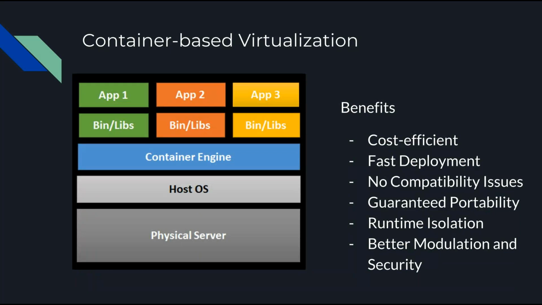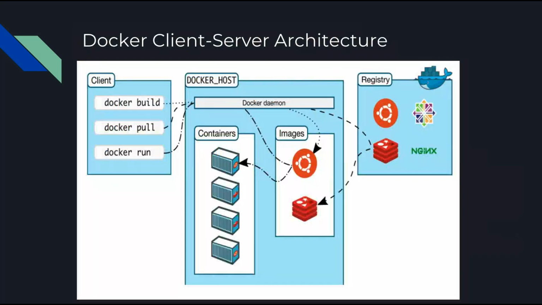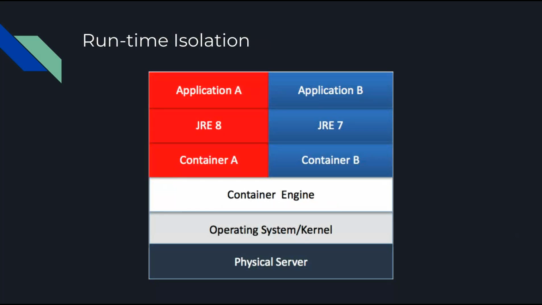So the benefits are manifold. One, it is cost efficient, and the deployment is fast because you don't even have to install virtual machines. All you have to do is spin up another container on your container engine. And there are no compatibility issues. Compatibility issues and runtime isolation are tied together in the sense that if you have one application running in one container, and say it needs JRE version 7, and there's another application that needs a different version of JRE, then you can have that container install JRE version 7 and have application 1 running, and have application 2 running in another container.